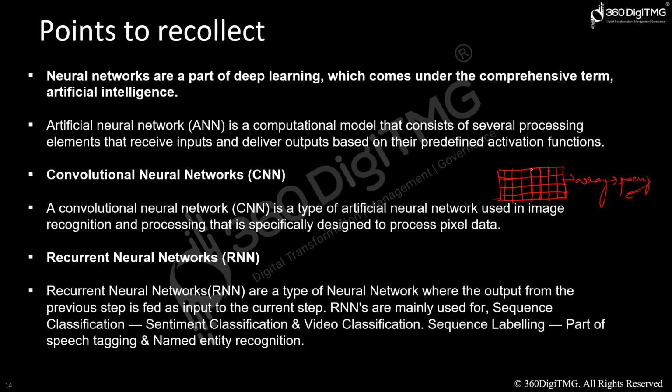After the processing of each and every pixel is done, it will give you an output. If you have inputted a bird, it will give you an output as bird. So this is why we say a convolution neural network is a type of artificial neural network used in image recognition and processing that is specifically designed to process pixel data.